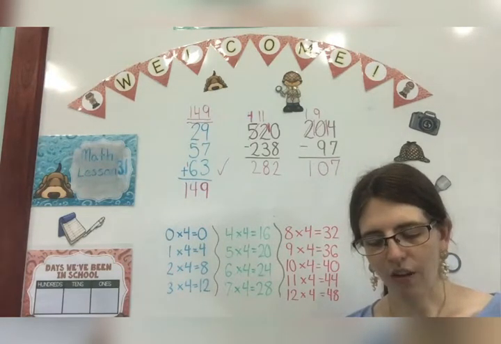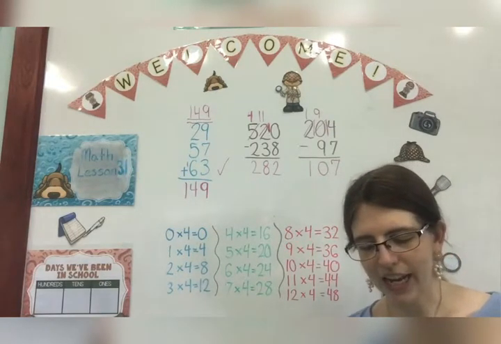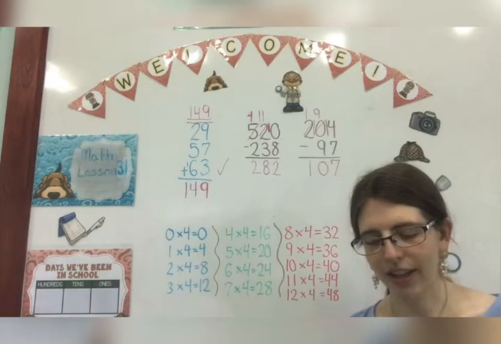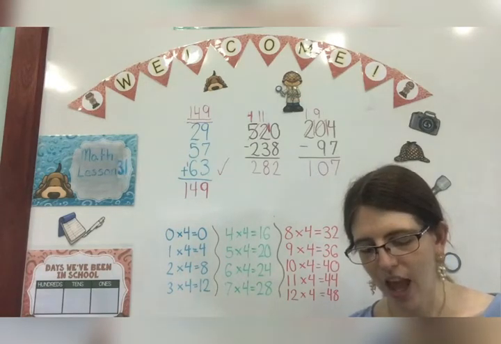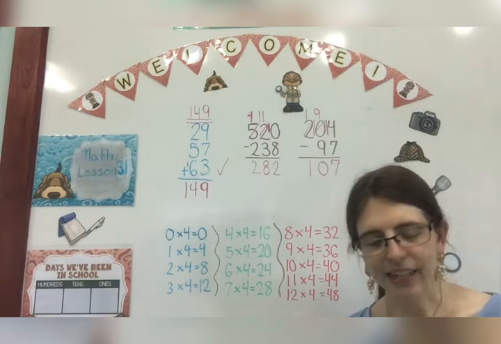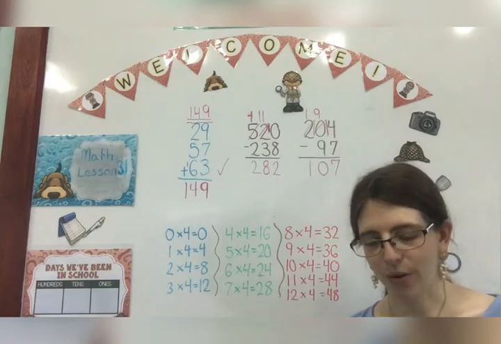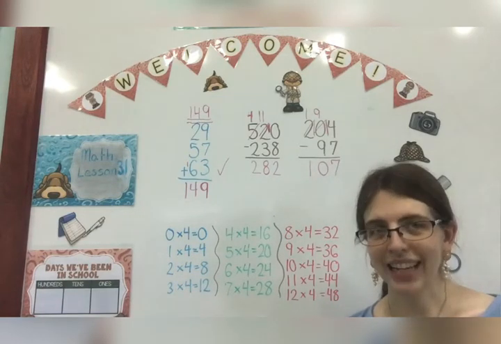Number 4, solve the story problem. The flying fox is a fruit-eating bat. So that's what the picture is of there on the side of your paper, the flying fox. On Friday, a colony of flying foxes ate 51 mangoes. On Saturday night, they ate 46.